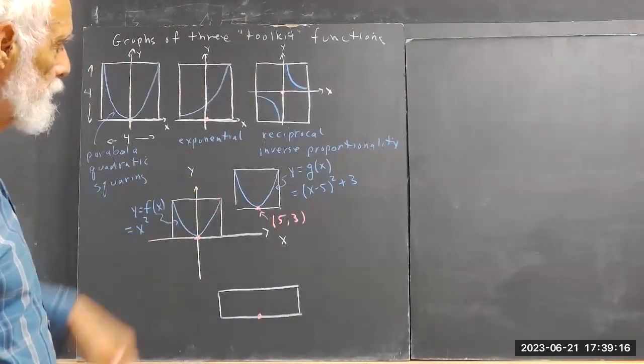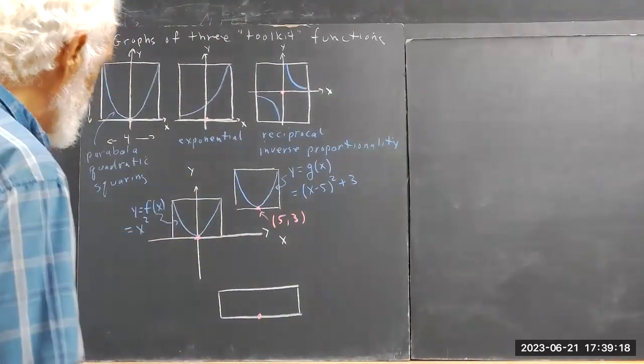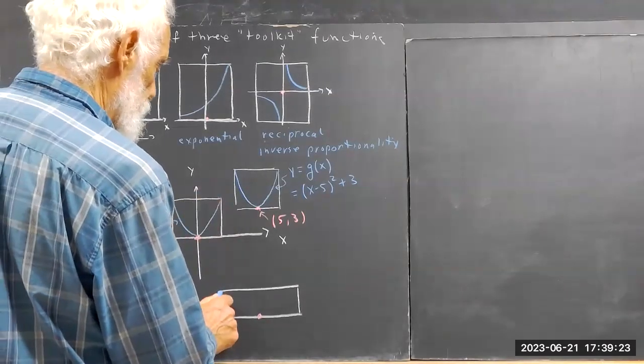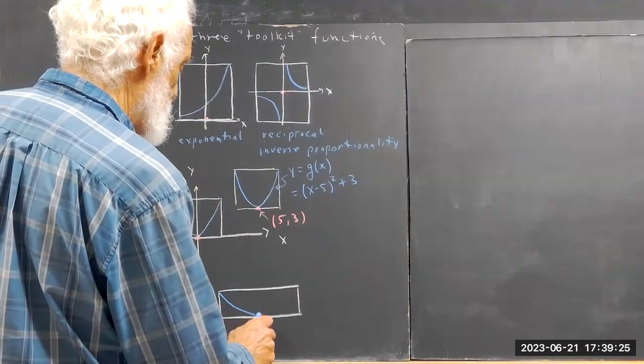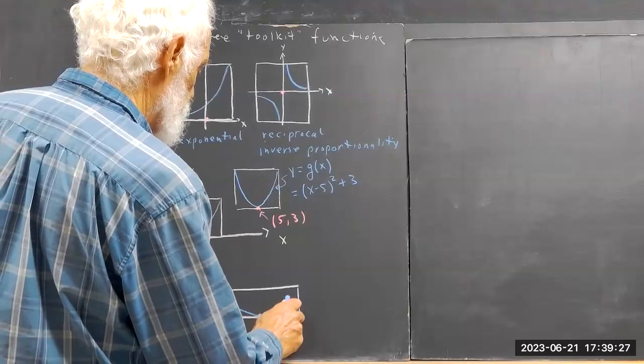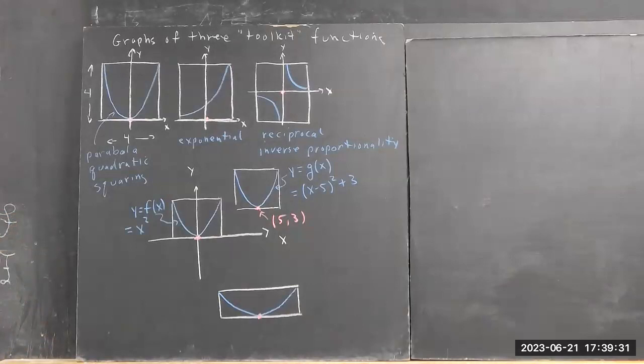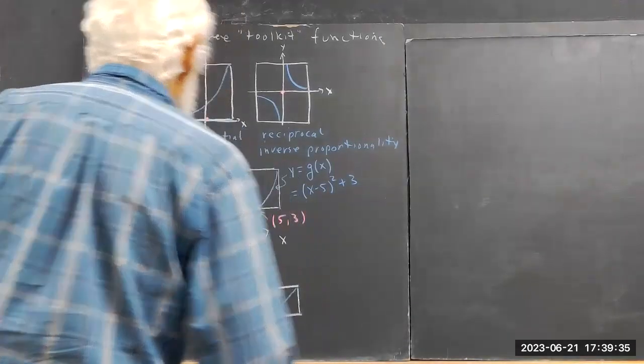Our parabola would still have the same basic shape, but it would have to go through these corners and through the red dot, so it would look like this. Something like this. See how this comes out. Not as bad as usual, okay? We have a graph that looks like this. Now, these graphs also can be continued.